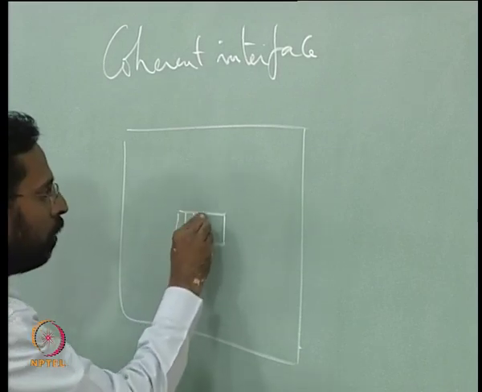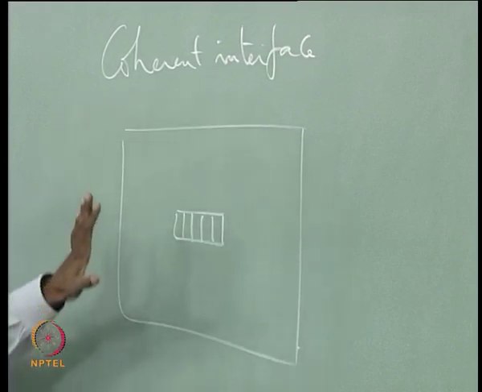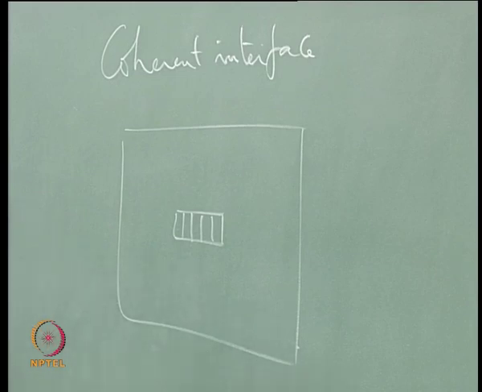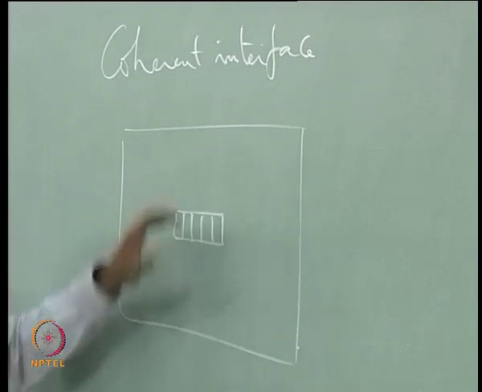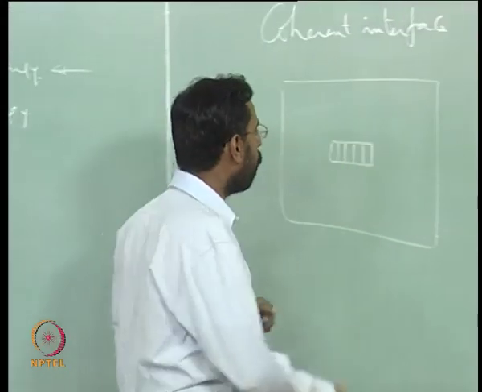If I draw certain atomic planes here, the matrix also has certain atomic planes, and these are all one single grain. Let us assume that inside one single grain a precipitate has formed, and this precipitate is trying to have compatibility with the matrix. And when is this compatibility possible?